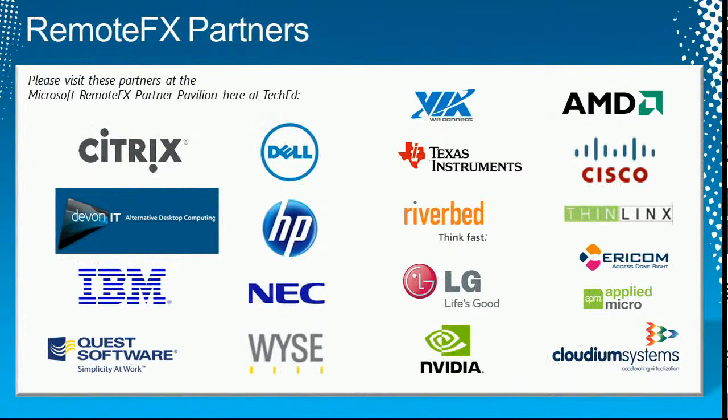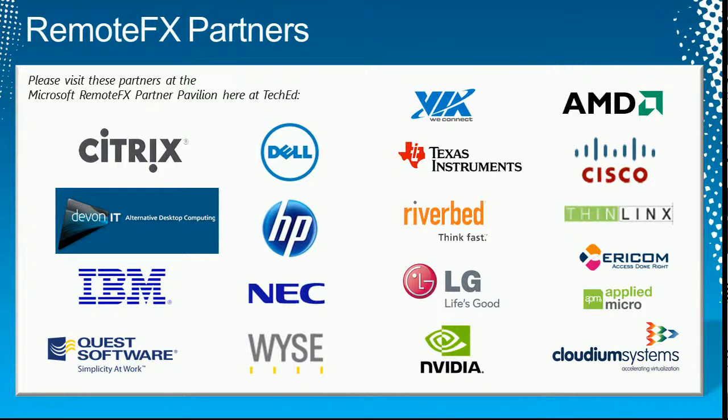In terms of partners, we have a large partner pavilion downstairs that you may or may not have seen. And we have all the industry-leading partners. I talked mostly about hardware today because it was an IT Pro server-focused topic about capacity planning. But there's software partners, including Citrix, Quest. There's also WAN acceleration partners. So out of the box, RemoteFX is LAN support.